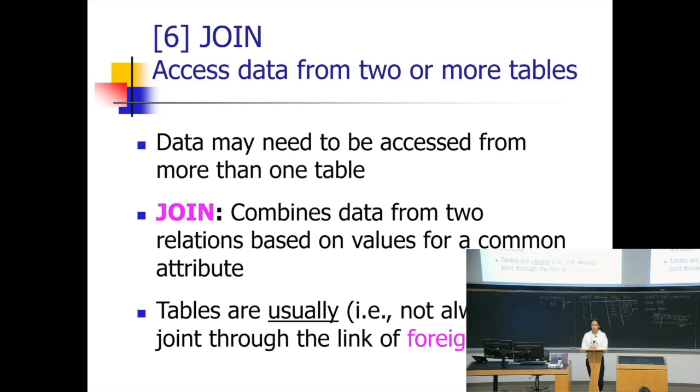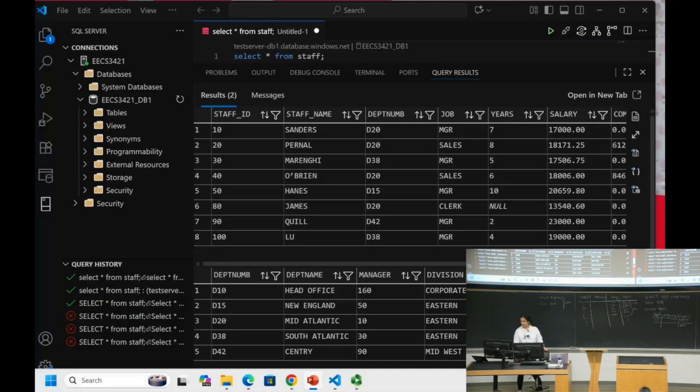How can we join two tables not using the foreign key? Let's see this example. So how many ways can we join these two tables? I give you a hint. We can join tables based on a common field, or a common attribute, or a common column, right?